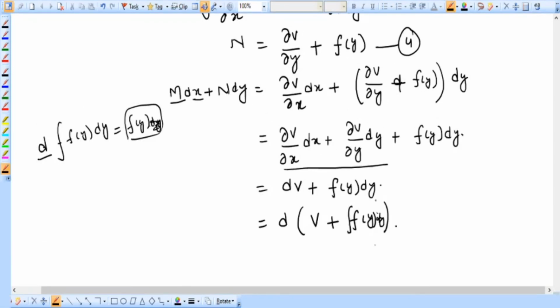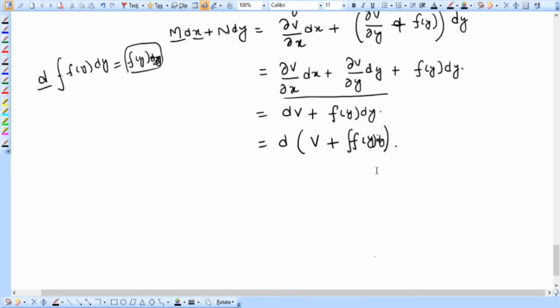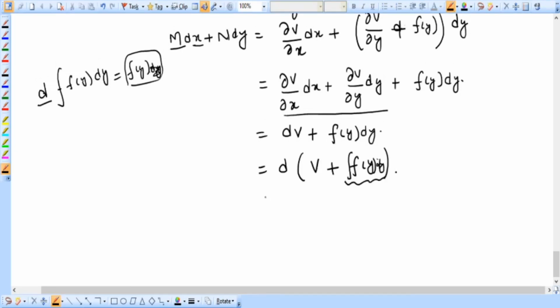Thus this is some function again, say g(y). The integration of f(y) would be equal to some function again, say g(y).